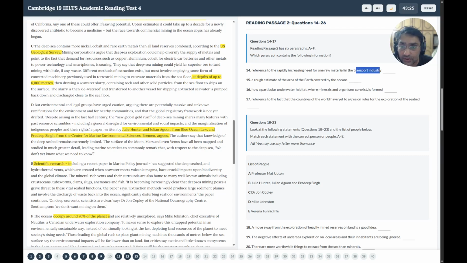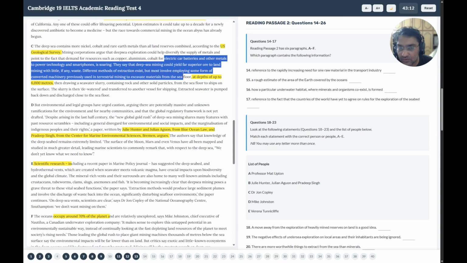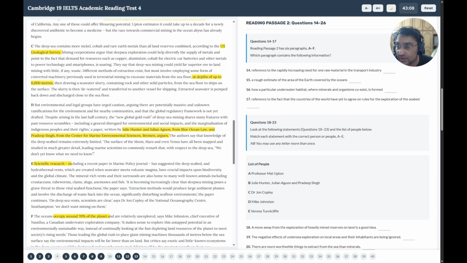Increasing transport industry means electric car batteries and other metals. The deposits could yield far more superior ore to land mining with little, if any, waste. Resources and aluminum, cobalt for electric car batteries and other metals. So I think this is C.